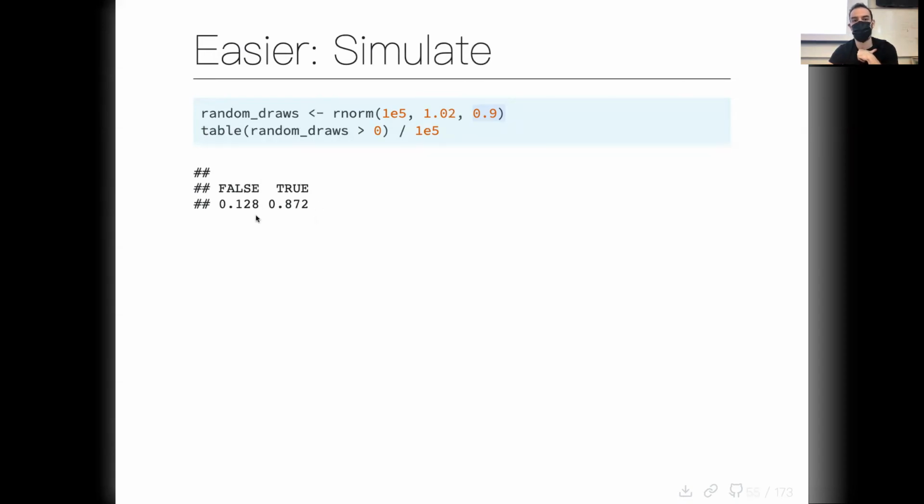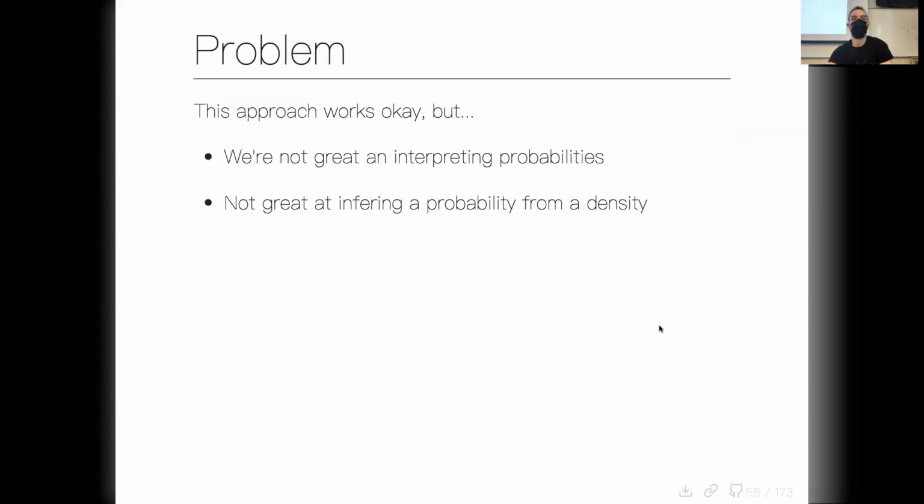And we get basically the exact same result: about 13% are not, and the rest of them are. So this is telling us that, if we were to reduce this to a dichotomous decision, there's about an 87% chance that the blue party would win and about a 13% chance that the yellow party would win. Okay, so that's all fine.